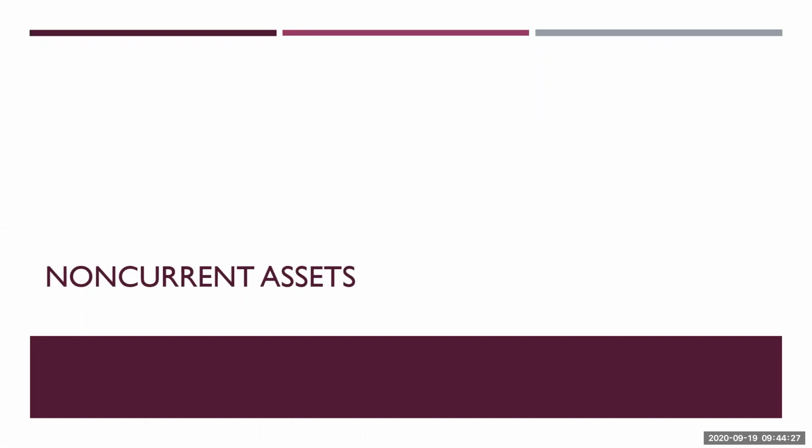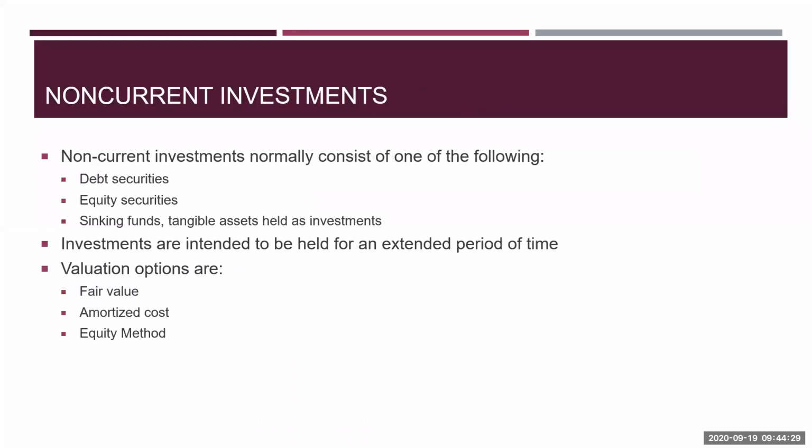Your non-current assets are also called your long-term assets. The subsection in that is your non-current investments. Non-current investments, or long-term investments, normally consist of investments in debt or security, or the sinking funds that the business has set up.